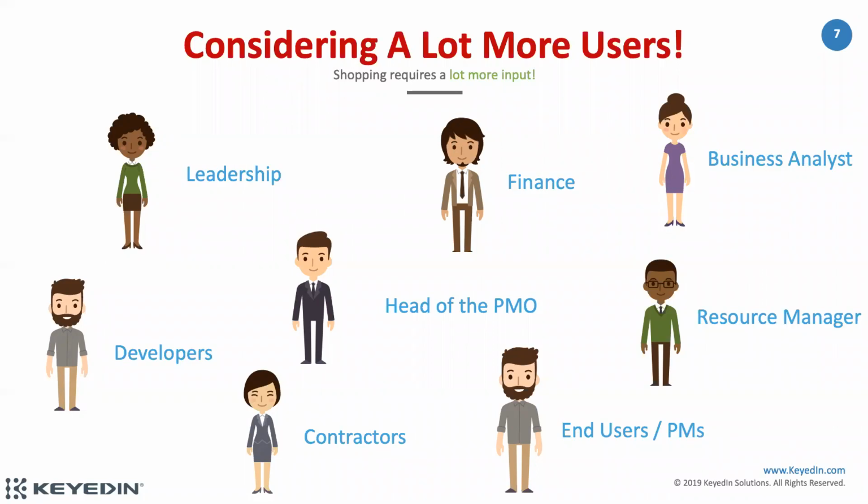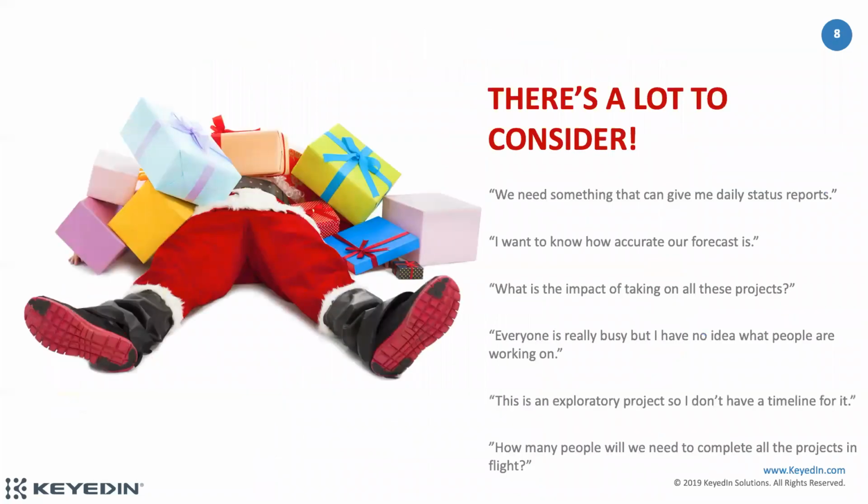Get in front of that before they barrage you with complaints about why you're looking into their time, making them track time. Explain to them the benefits of such a system that will help identify when they're overloaded, so that they have a more balanced work life in the coming year.